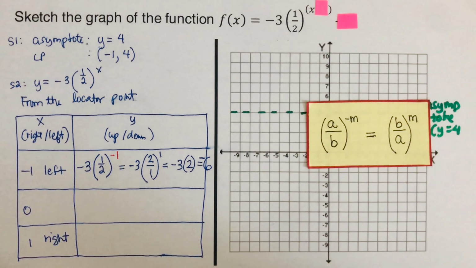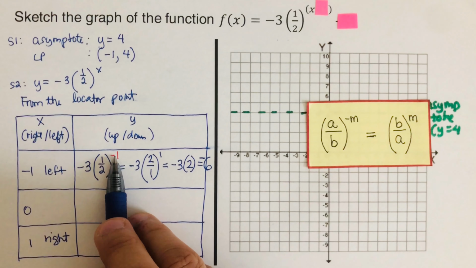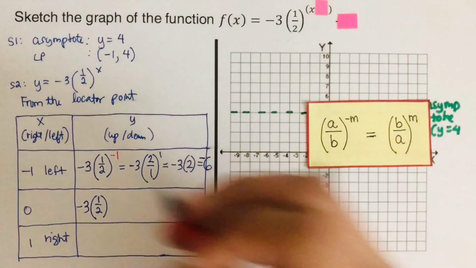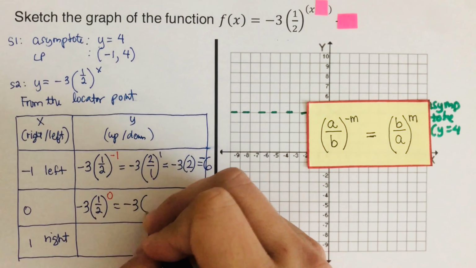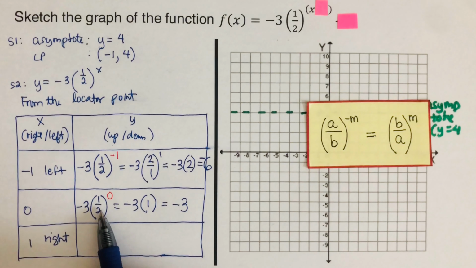Now we move on to the next one right here. So it's pretty much the same thing. We just set it up. We just changed the -1 to 0. Okay, so what I did here is anything raised to the power 0 is 1. So negative 3 times 1 is negative 3.